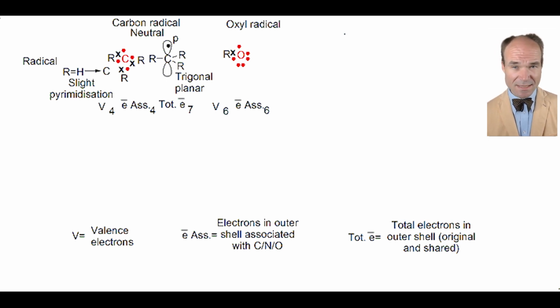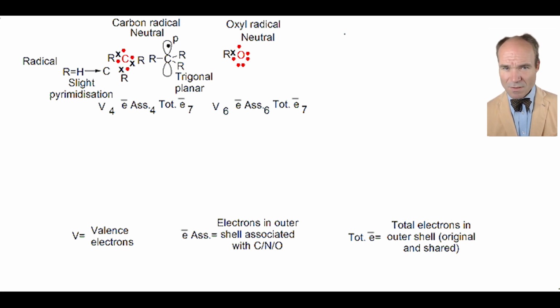Thus, considering 6 minus 6 equals 0, this oxyl radical is a neutral species. In total, there are 7 electrons in the oxygen's outer shell, with 6 electrons associated with the oxygen and 1 electron associated with an R group and shared with oxygen through covalent bonds.